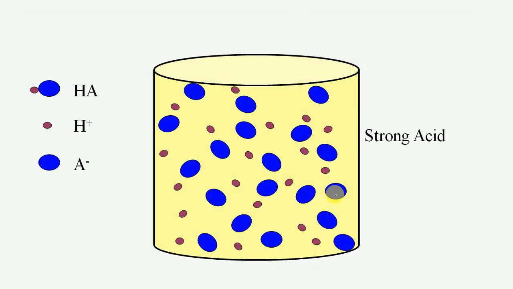So let us see the dissociation of strong acid through this diagram. In this case, all the acid molecules are in the dissociated form. The blue symbol represents anions, and the dark pink represents H+ ion, and all the ions are in the dissociated form.